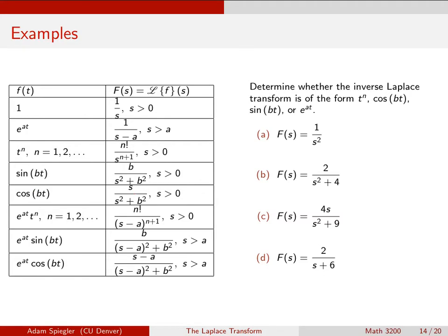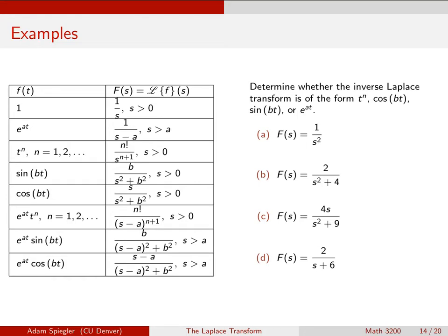So if we're asked to calculate the Laplace transform, we start in this column and move this way. If we're asked to do the inverse Laplace transform, then we start in the right column and try to identify the function on the left.